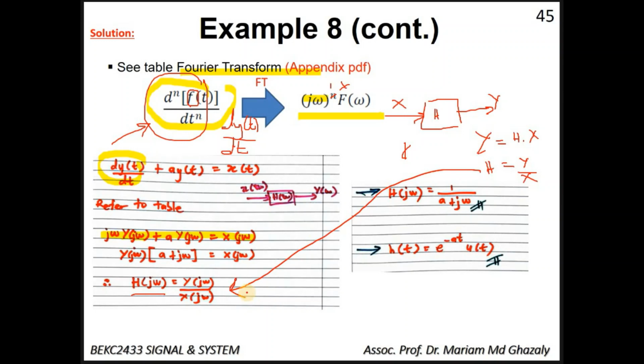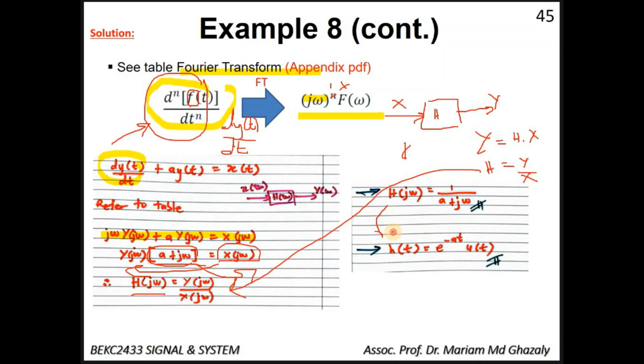That's why H(jω) equals Y(jω) over X(jω). Substituting, you take this one underneath and get 1 over (a plus jω) for H(jω), the system response.